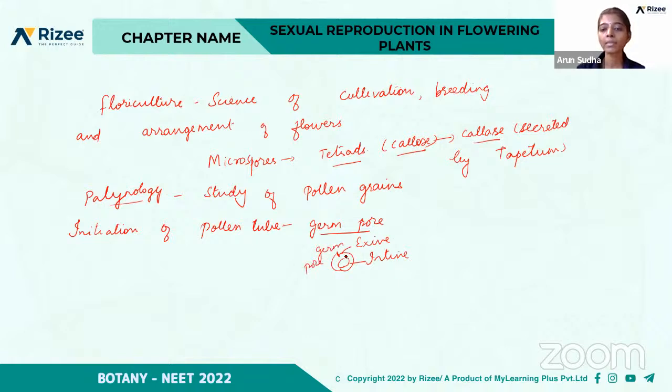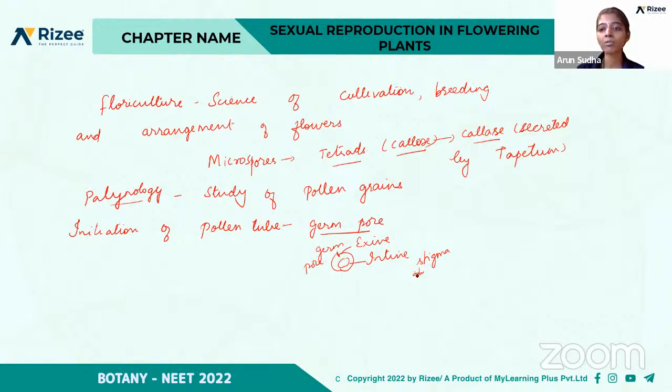So what happens is, for example, this is the pollen grain, and it lands on the stigma, right?